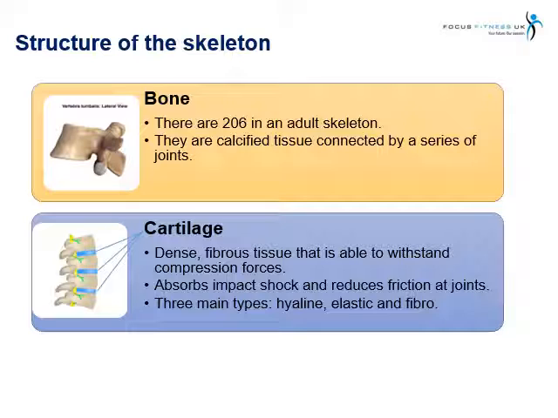Elastic, which you find to bulk up bits of the skeleton that aren't bone, for example in your ear. And fibrocartilage is the main shock absorber, with a bit of slight give in it, so you find it in your spine, in your knee, and between your ribs and your sternum. It's good at shock absorption and just giving a bit of bend.